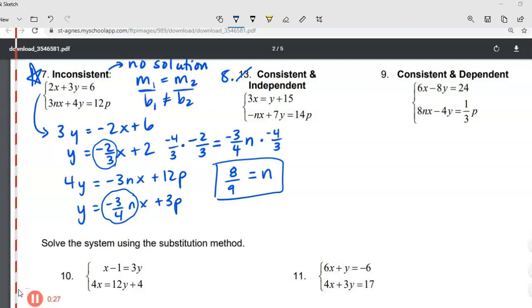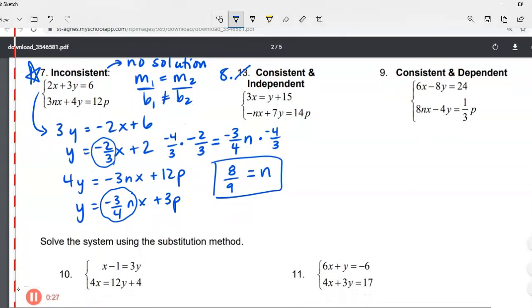Alright, so again, because our B1 and our B2 cannot be equal to each other, what we're going to do now is we're going to look right here. We have to look at our y-intercepts, which are our B values, and we're going to set these two equal to each other, alright? So we're going to just put 12 is equal to 3.